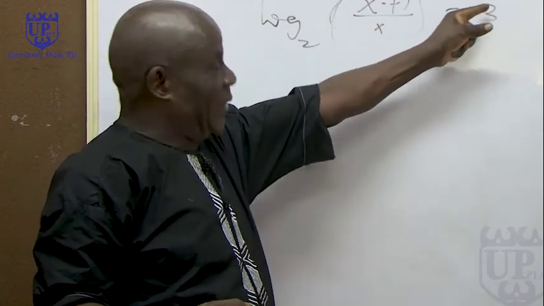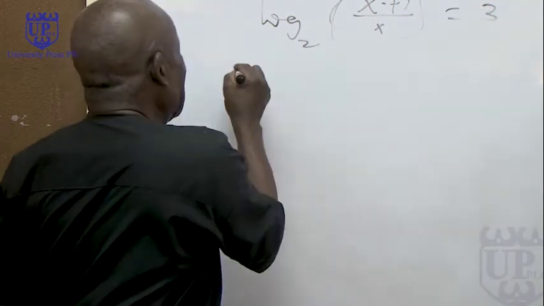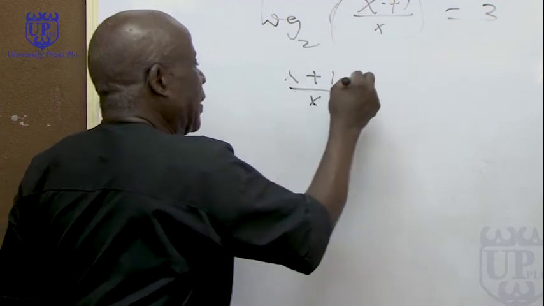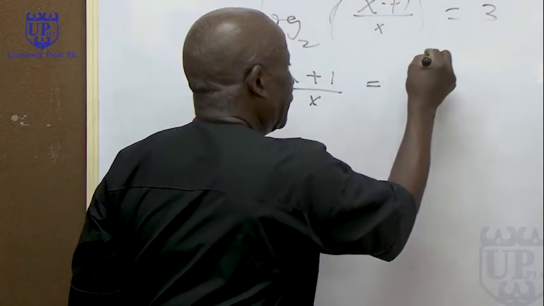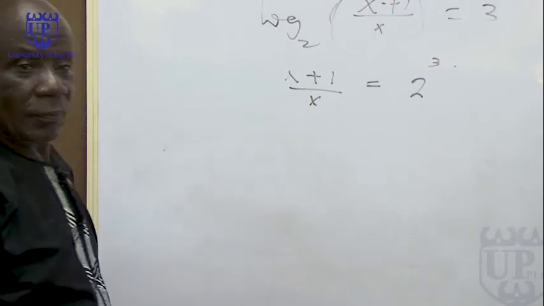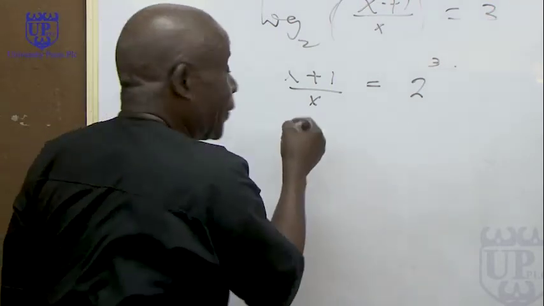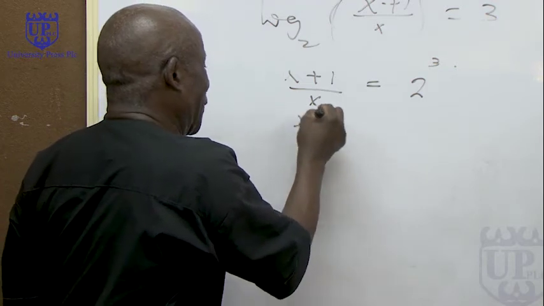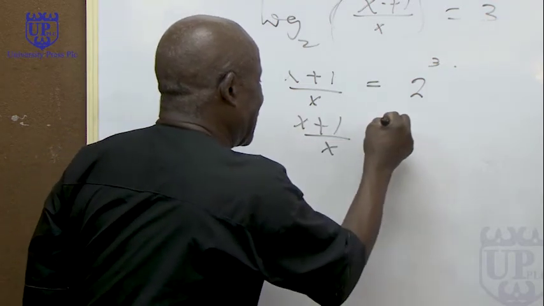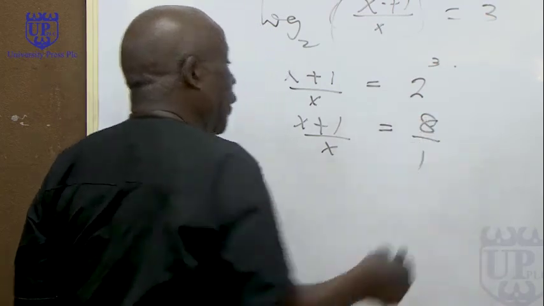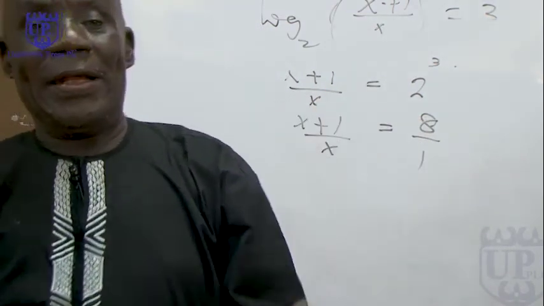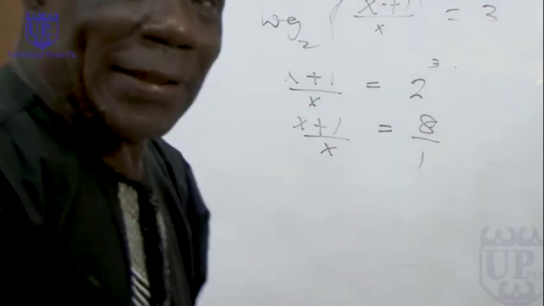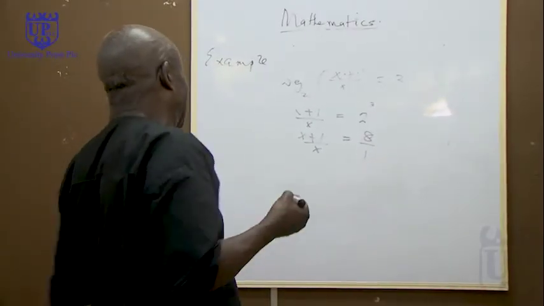No. Or you say, oh, this is log 8. This means x plus 1 all over x equals 2 raised to power 3, so x plus 1 over x is 8 over 1. You solve, it becomes a simple linear equation. Cross multiply, collect like terms, and find x.